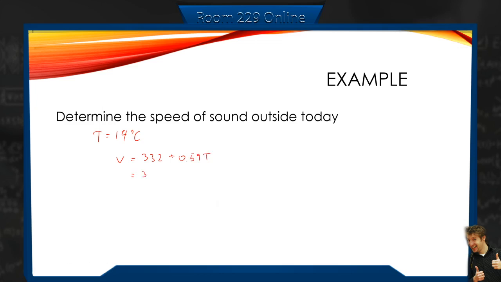So that's 332 plus 0.59 multiplied by 14, which comes out to approximately 340 meters a second. So that is the speed of sound outside right now. Pretty straightforward little problem.